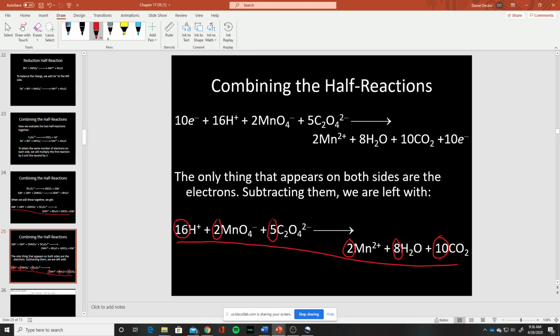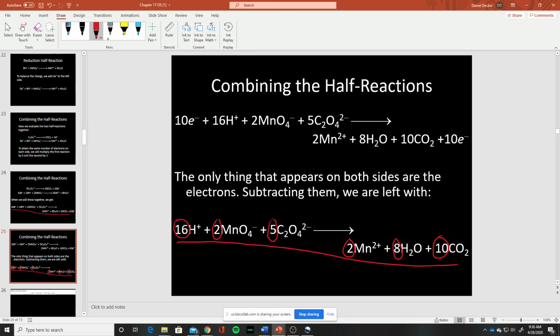The reason why I'm not super hot about doing it this way is because it actually gives you a huge hint as to whether or not you did the balancing properly to begin with. So this is actually a good thing for you in terms of getting the question correct, because I have to tell you, you have H plus on the left side of the reaction and you have waters on the right side of the reaction.